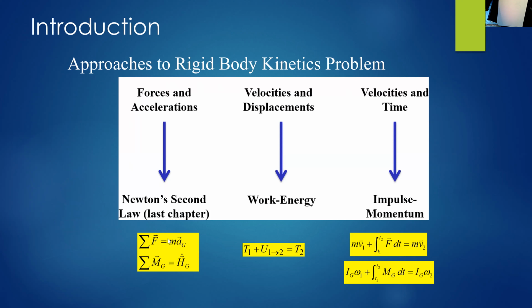We said the sum of the forces is equal to ma of the center of gravity, and the sum of the moments about the center of gravity is equal to the change in angular momentum. Now we're going to talk about work energy, which is energy added to the system, and then final energy. And then lastly, we'll deal with impulse momentum. So that's what we're going to have in the next few days.